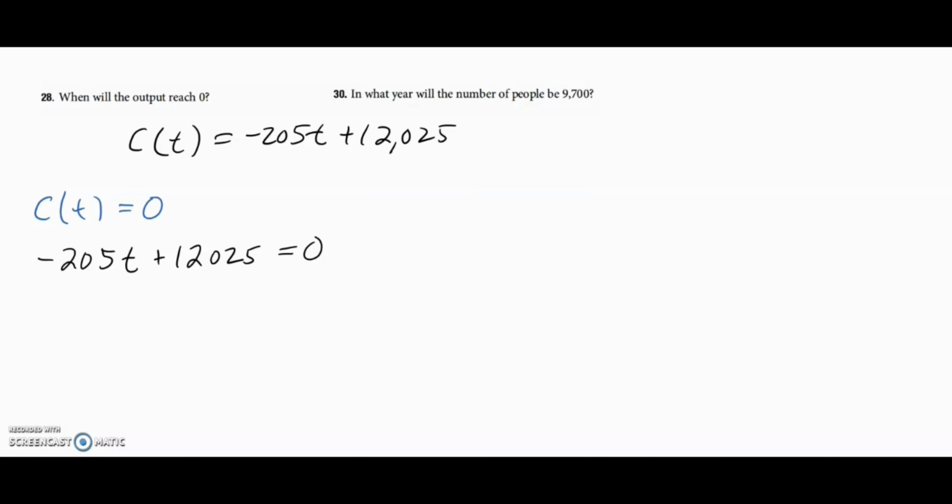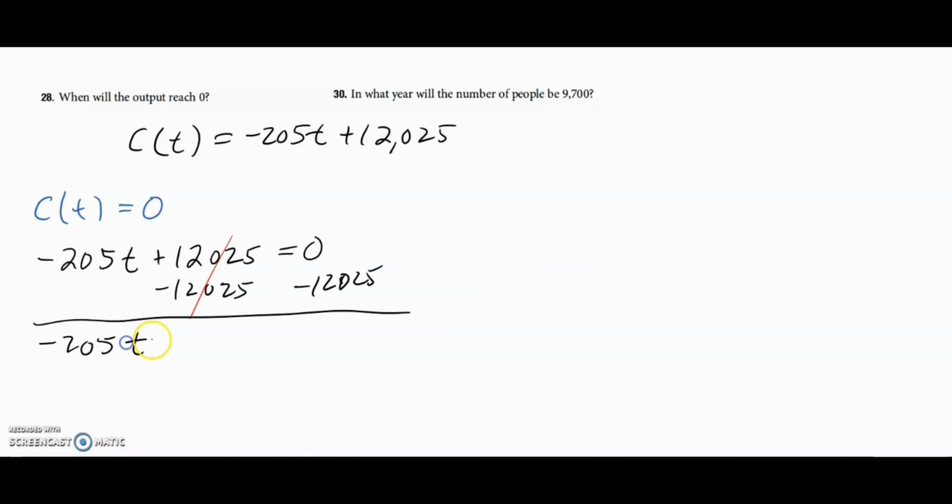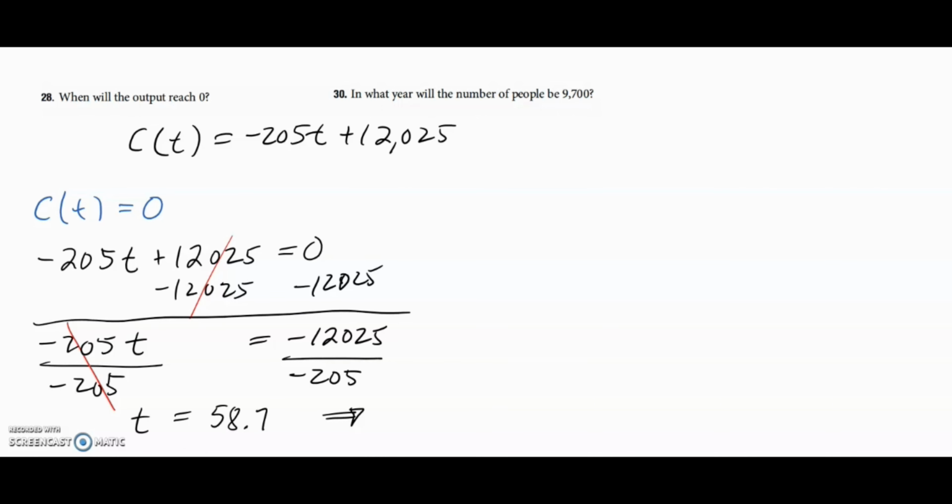Get ahead of me. The first thing I'll do here is add negative 12,025 to both sides. And then I will divide by that negative 205. And that should give me t, but I still need to convert it to the appropriate years. Don't forget. When I solve for t, I get the familiar 58.7 from the graph that we had, but remember, I need to convert this back into years.